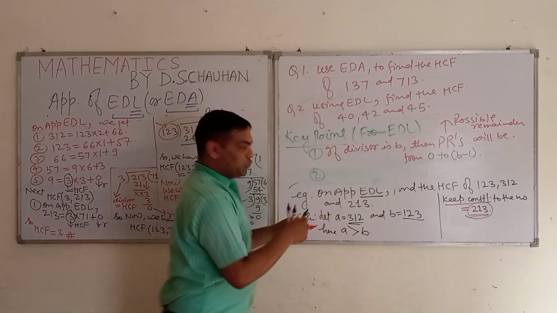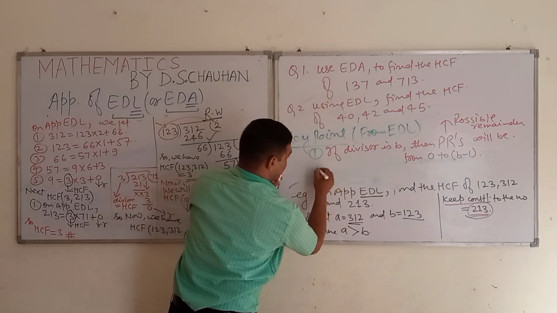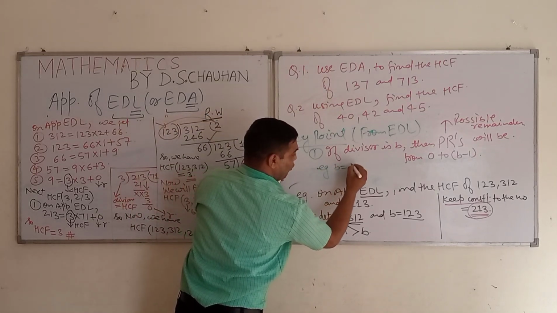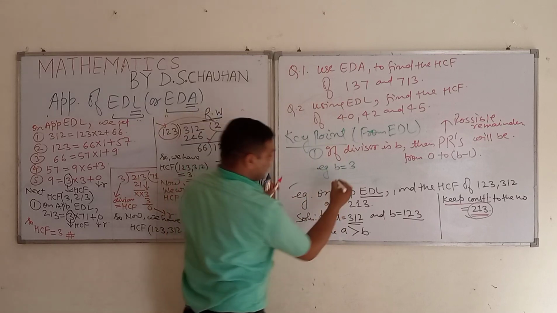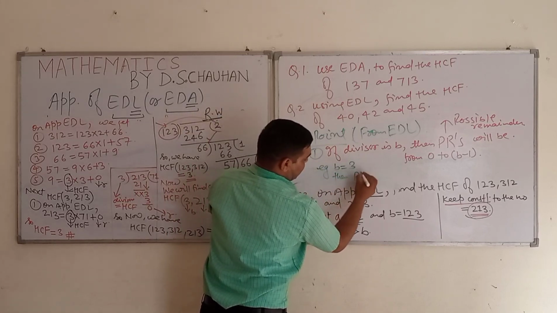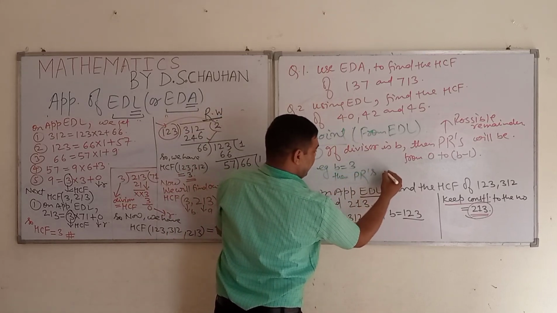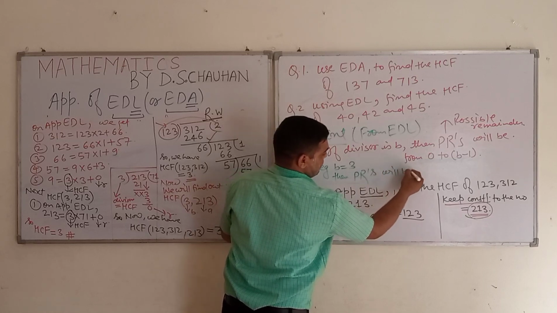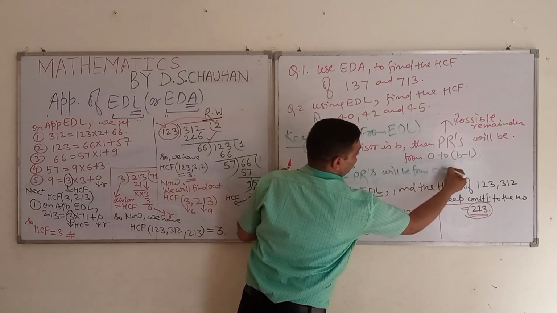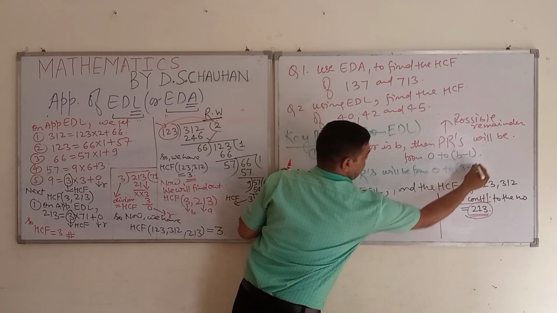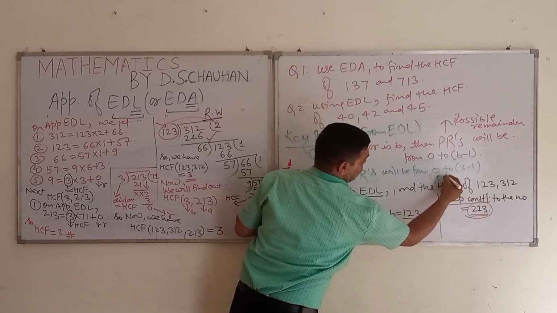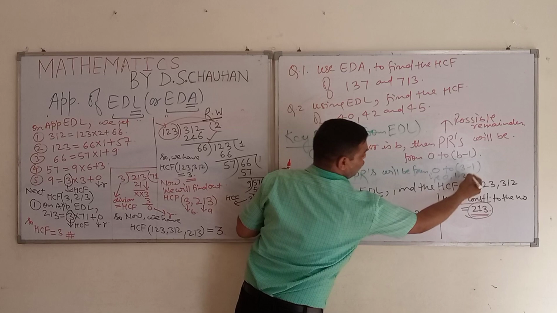For example, students, if you have divisor B equal to 3, then the possible remainders will be from 0 to 3 minus 1, that is 0, 1 and 2.